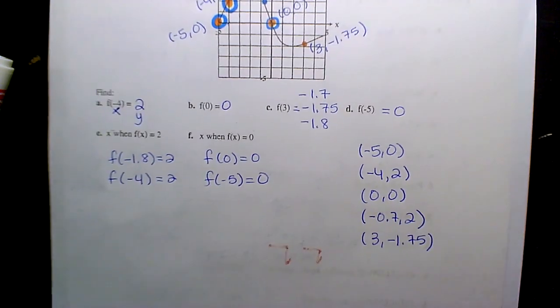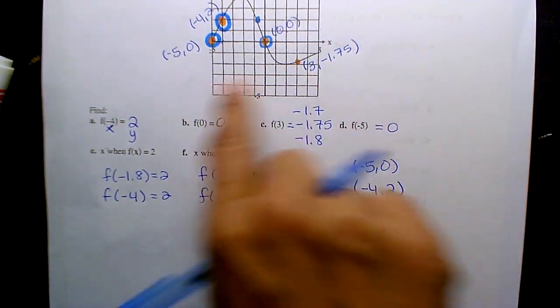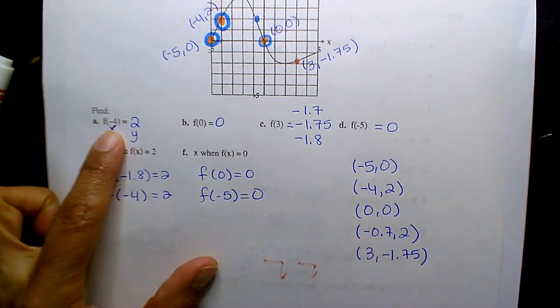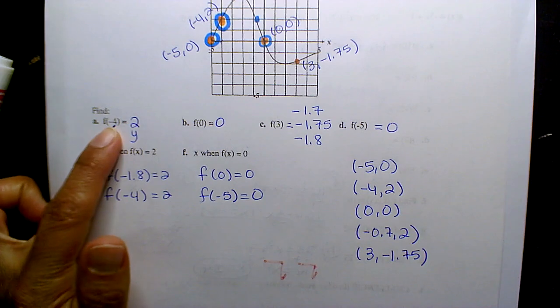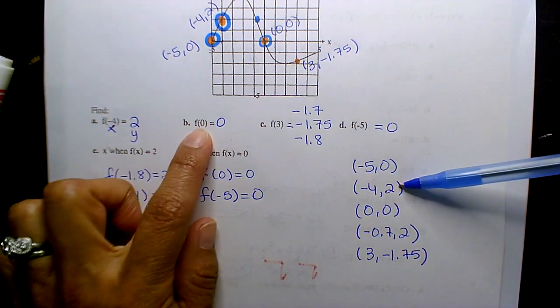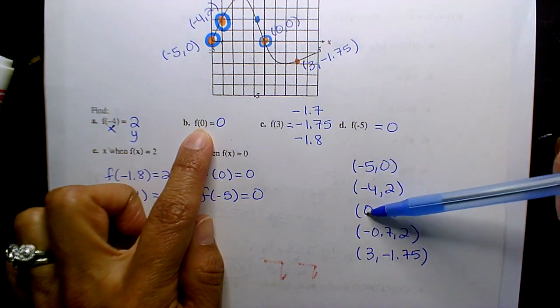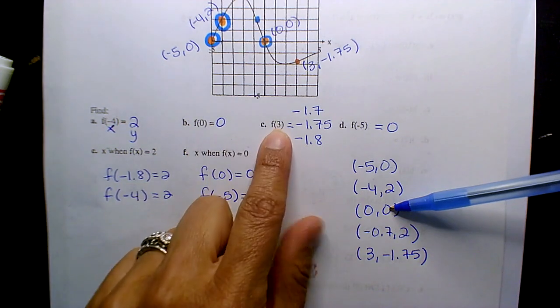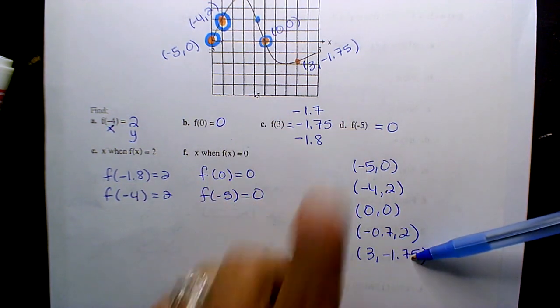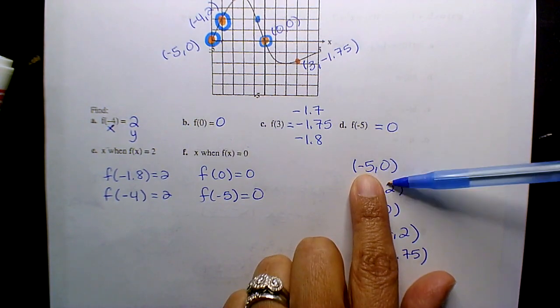Say I give you these and say fill them in. f of negative 4, it's in the input x, so negative 4, perfect, 2. f of 0, it's in the x. 0, 0, there's my 0. f of 3, 3, negative 1.75. f of negative 5, 0.